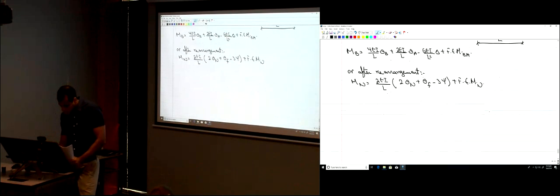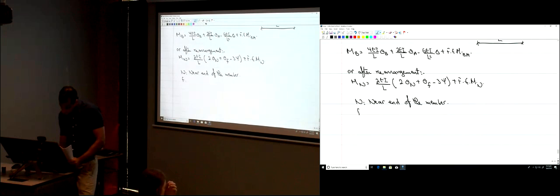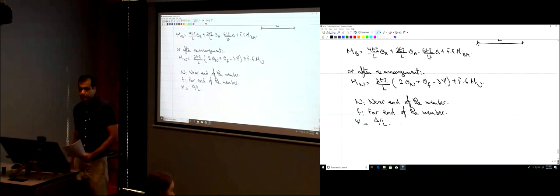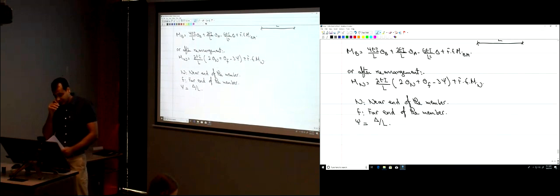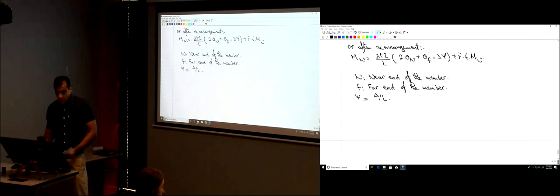So N here stands for the near end of the member, F stands for the far end of the member, and psi here is the slope of the member, which is delta divided by L, the angle of the slope due to this delta.